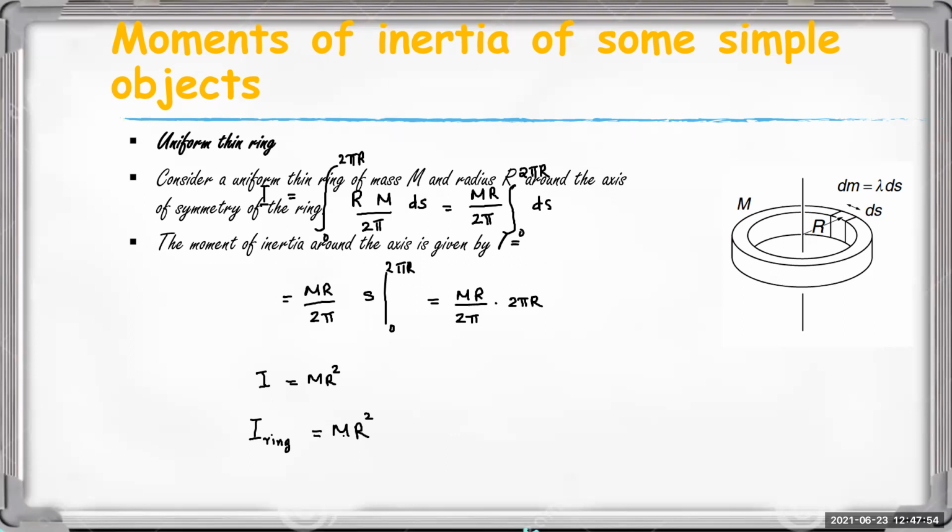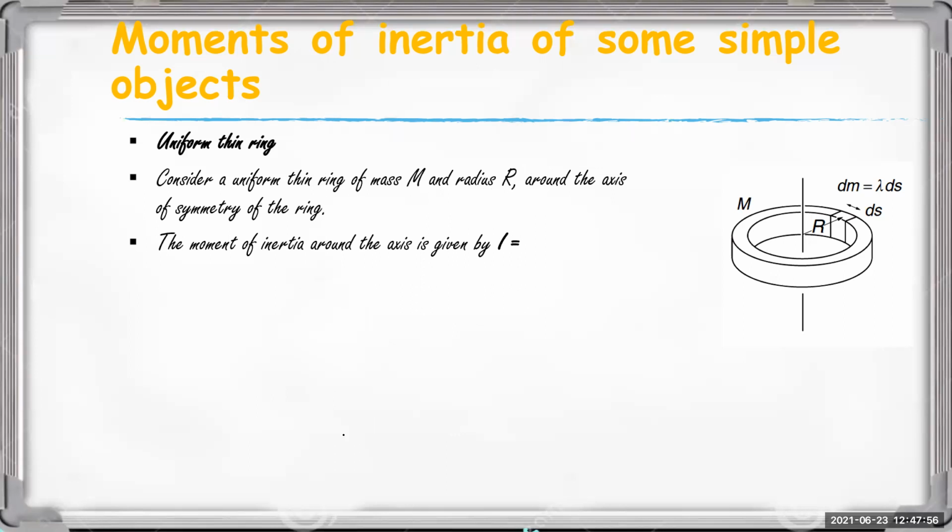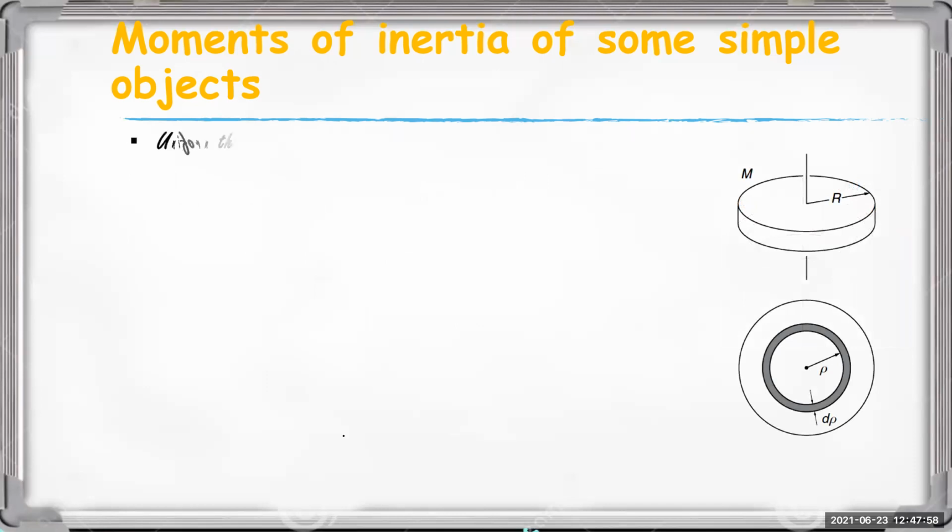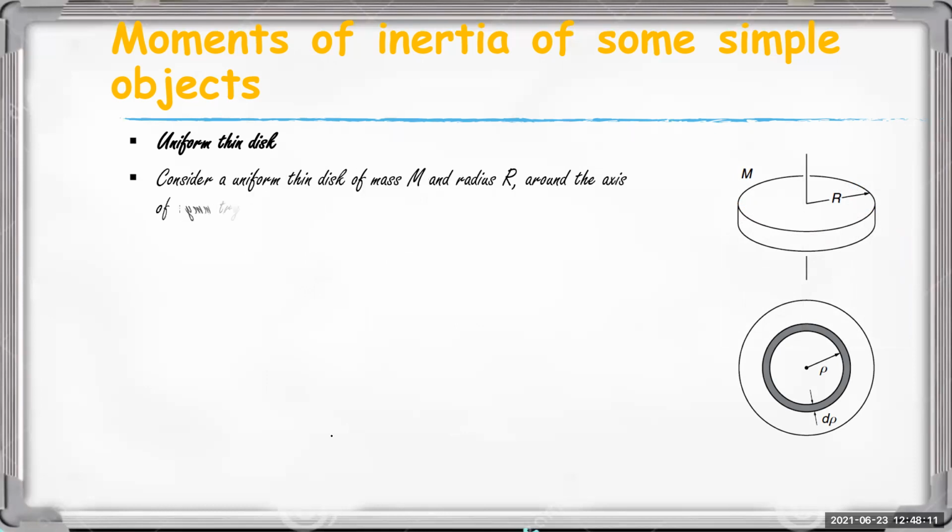So the next one is the moment of inertia of a uniform thin disk. Here we consider a uniform thin disk of mass m and radius r.